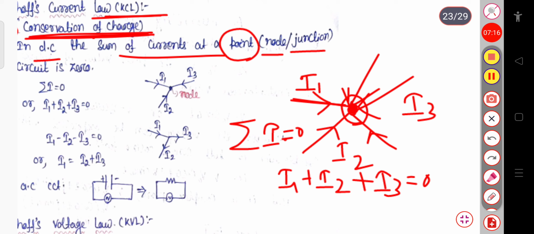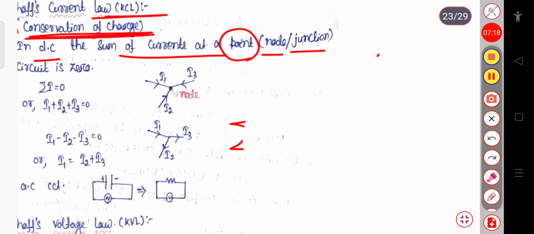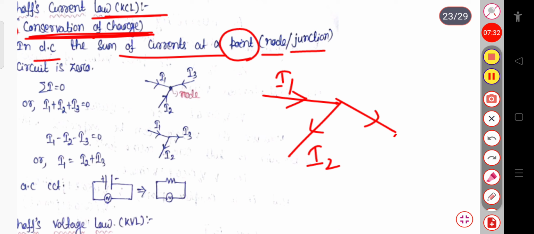And suppose I consider another condition, where at any node the current I1 is in this direction, and the currents I2 and I3 are flowing in the just opposite direction. Now if you want to calculate the current value at this node, it will be the sum of the currents.